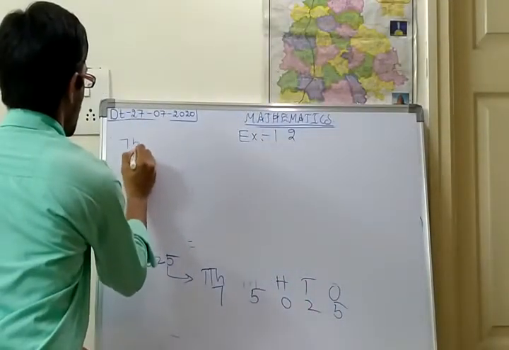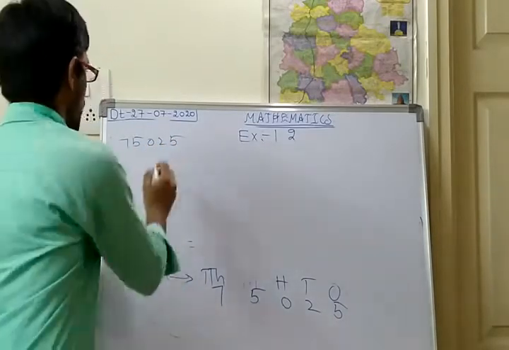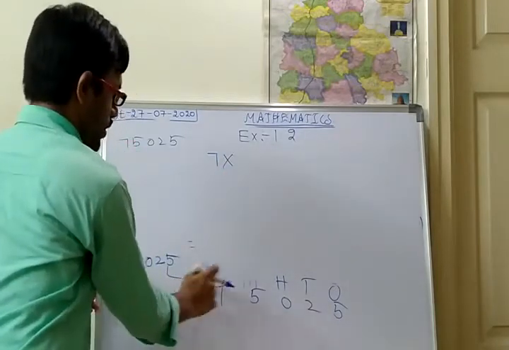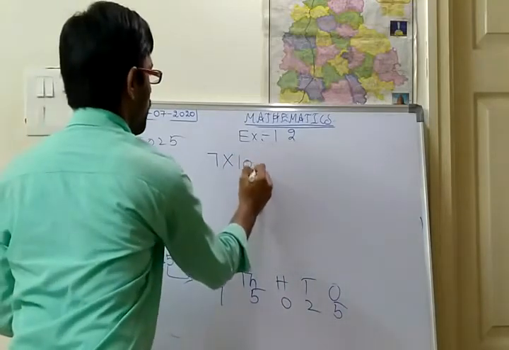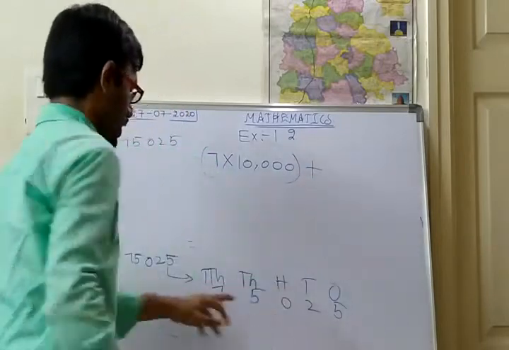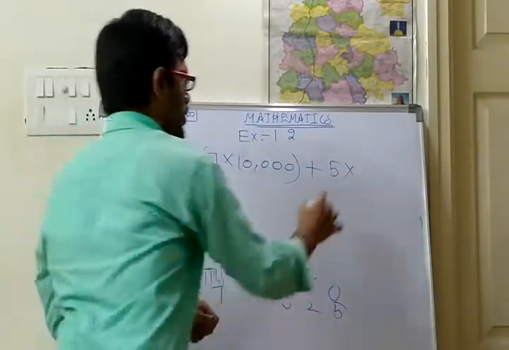Okay, see 75025. First of all write down 7. So 7 is in which place? It is in the 10,000s place. So 7 into 10,000, for our safety in brackets, plus next 5. 5 is in which place? Thousands place. So 5 into 1000.